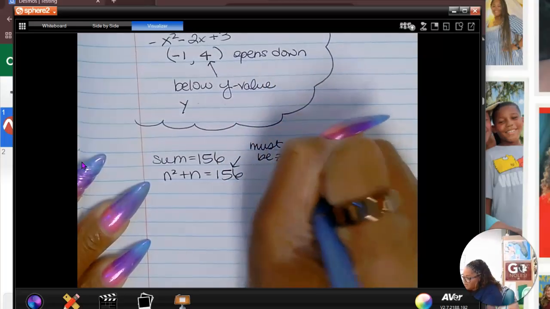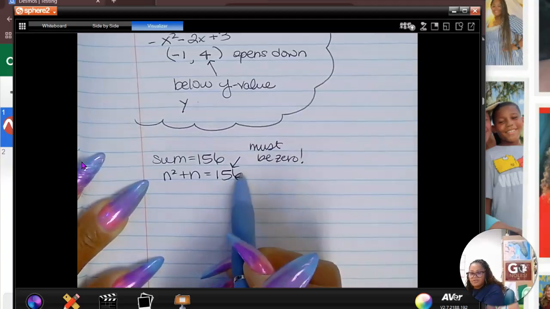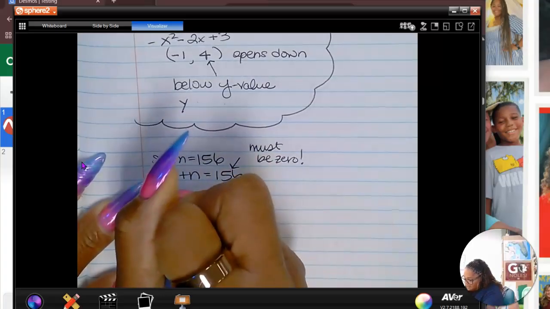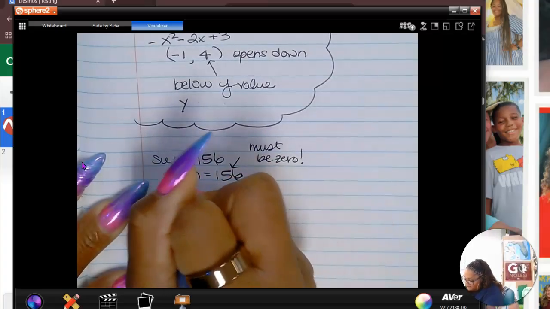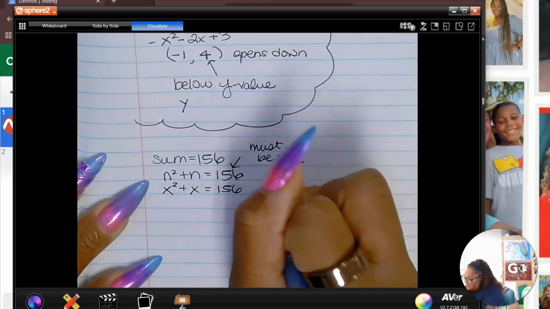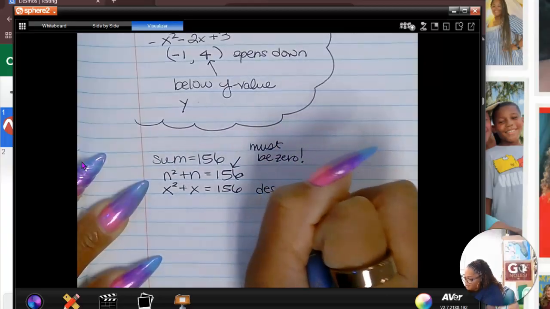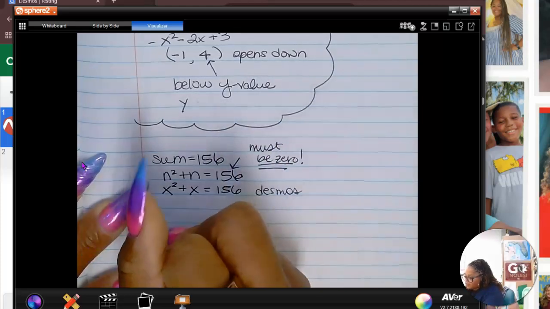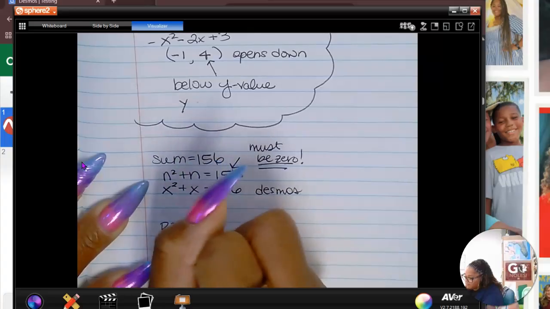How do you make it a 0? Once you turn this into a 0, where does it go? And then it needs to be an x. Then this goes in Desmos after you turn this into a 0, and then you find your rocks.